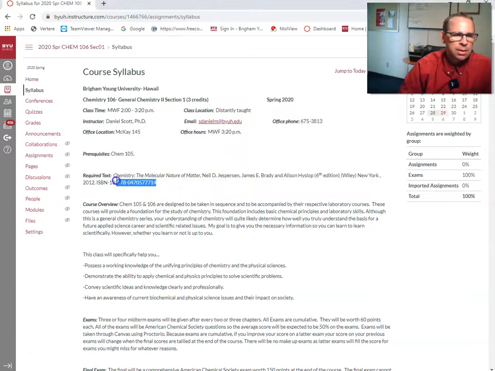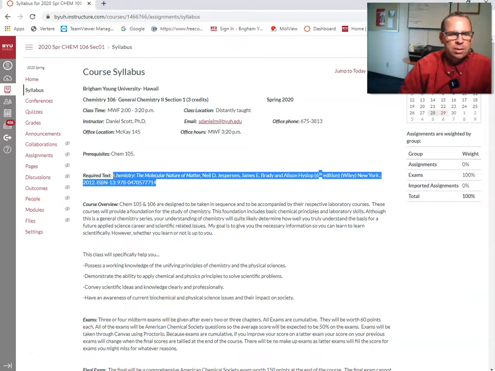So this is the required text here. You'll want to have that text so you can prepare for the practice questions. The practice questions are kind of like quizzes. They won't count towards your grade. However, there will be a small amount, up to a possible 3%, only 3%, so not a huge amount, but a possible increase of about 3% of your exam grade.